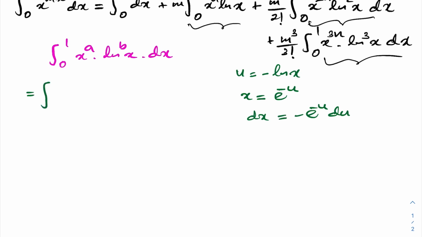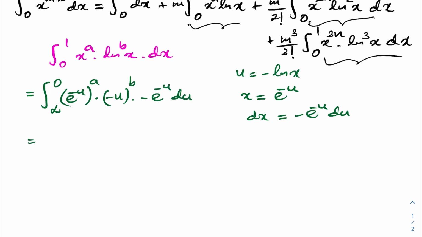When x approaches 0, u approaches infinity; at the upper limit, x approaches 1, u approaches 0. And x is e to the minus u raised to the a, natural log of x is minus u, so minus u raised to the b power, and dx is minus e to the minus u du.